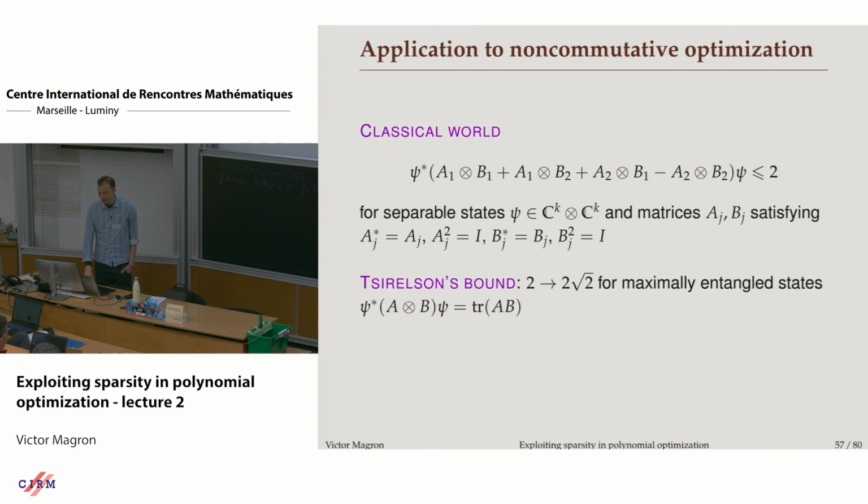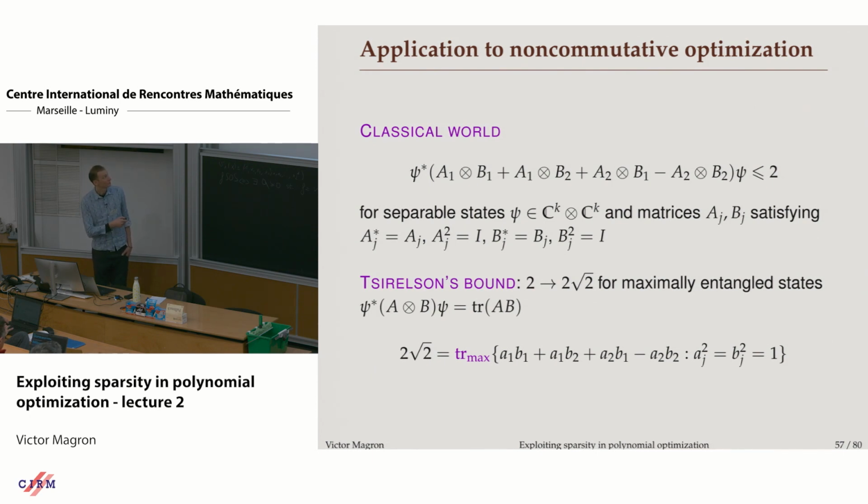And then there is a trick to see that this is a tracial optimization problem. You can prove that if you take an entangled state psi and you apply it to this tensor product, then it's the trace of the product. This can be proved. And then basically you replace all these by traces of products.